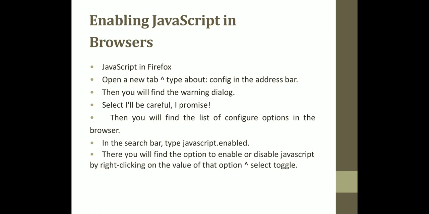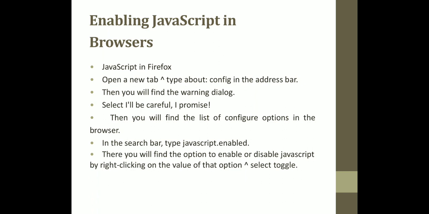Then, how to enable JavaScript in browsers. A 4 marks question can be asked in your university exam, so just listen to this carefully. For JavaScript in Firefox, if you want to enable it, open a new tab and type about:config in the address bar. Then you will find a warning dialog; select I will be careful, I promise. The dialog box will have a note.